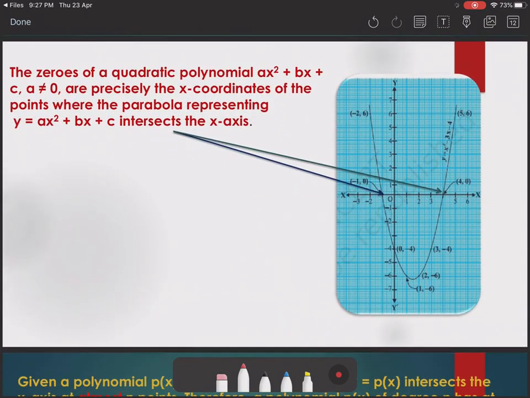Similarly, the zeros of a quadratic polynomial ax square plus bx plus c, where a is not equal to 0, are the x coordinates of the points where the parabola, that means the graph of the polynomial represented by this quadratic polynomial, intersects the x-axis. Here we get these two points where the x-axis cuts the graph of this polynomial.